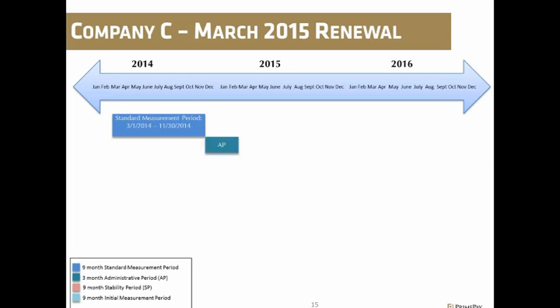At the end of that time period, the administrative period would kick in. You see it's a little longer, just more time. Maybe this employer has considerable turnover or a very large employee base that is variable hour or potentially seasonal, and there's just a lot more to the evaluation that is needed.